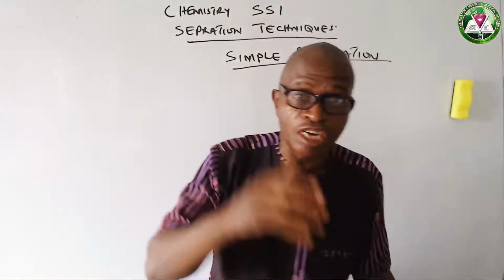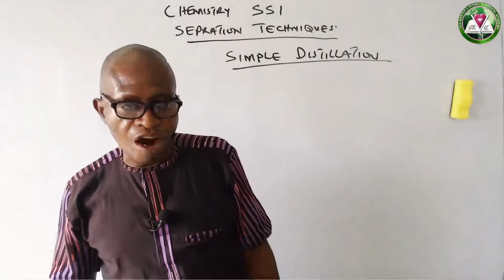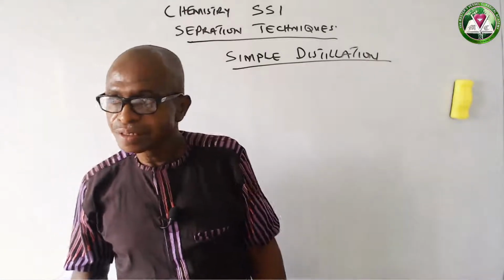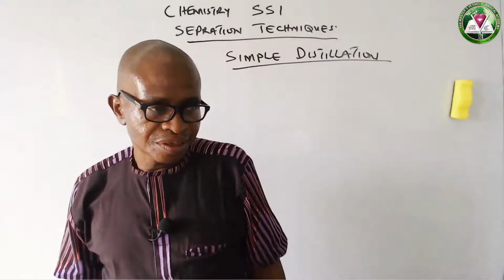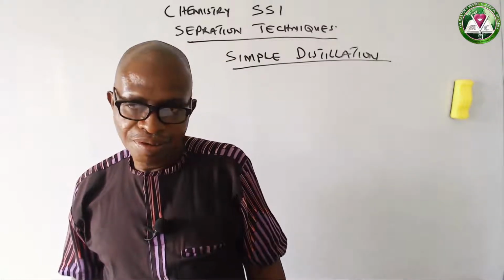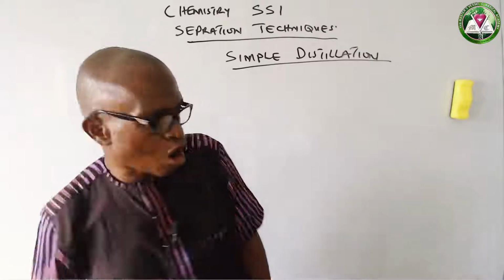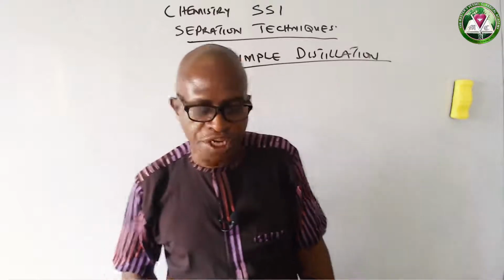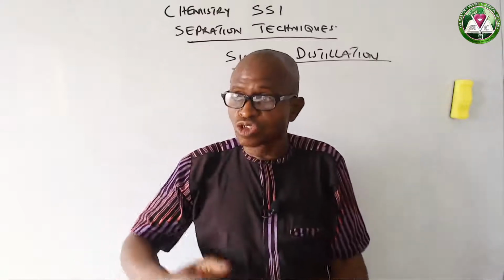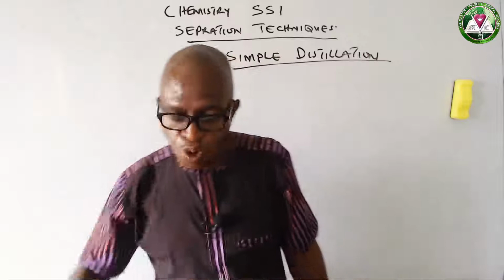Simple distillation is a type of separation technique involving miscible liquids. Or sometimes it can equally involve a solid dissolved in a liquid, but the solid must be soluble in the liquid.